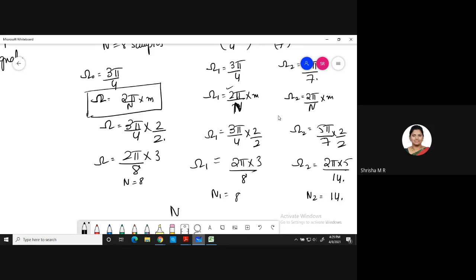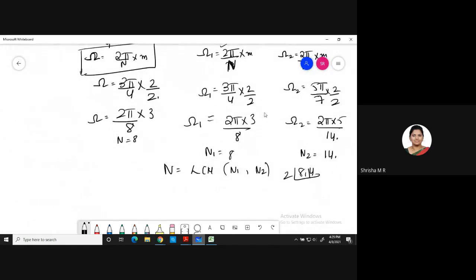Now take the LCM of n1 and n2, LCM of 8 comma 14. 7 2s are 14, 14 into 4, you get 56.